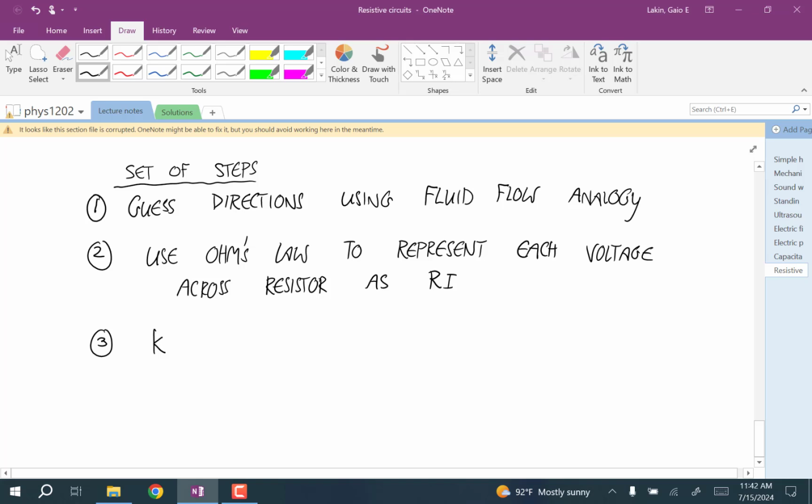Third, I'm going to use Kirchhoff's current law to find current equations at the nodes. So I'll say current equation for each node.